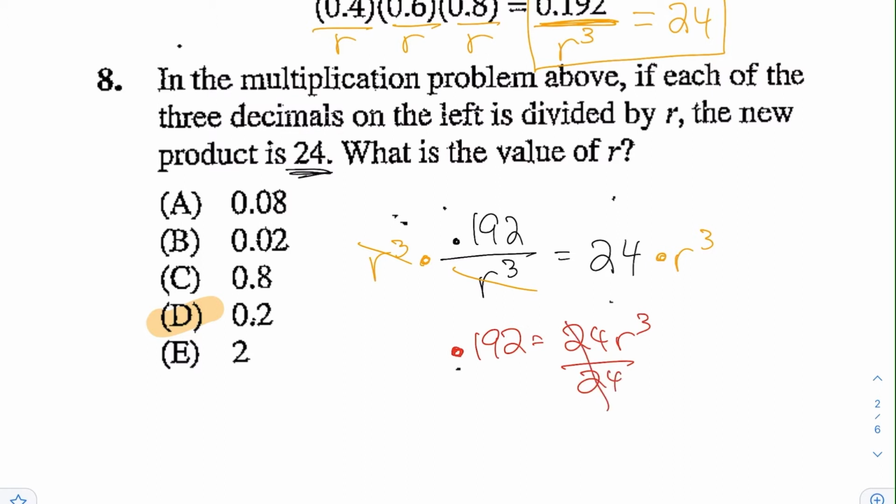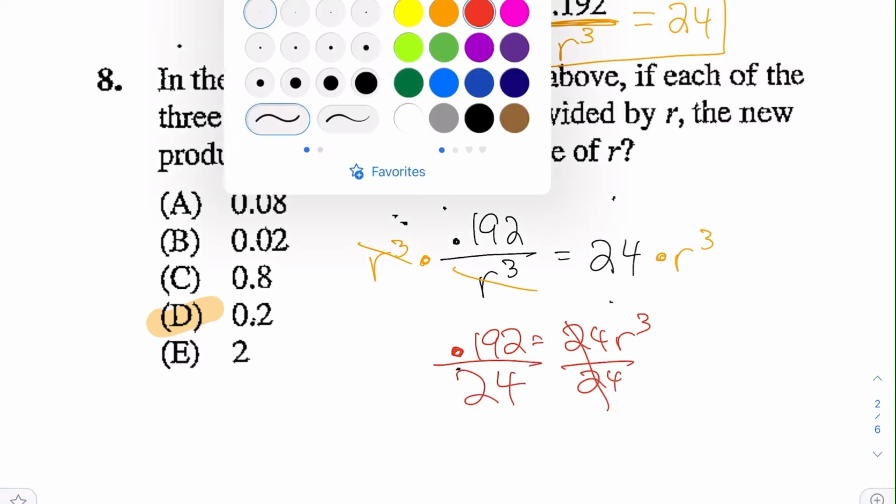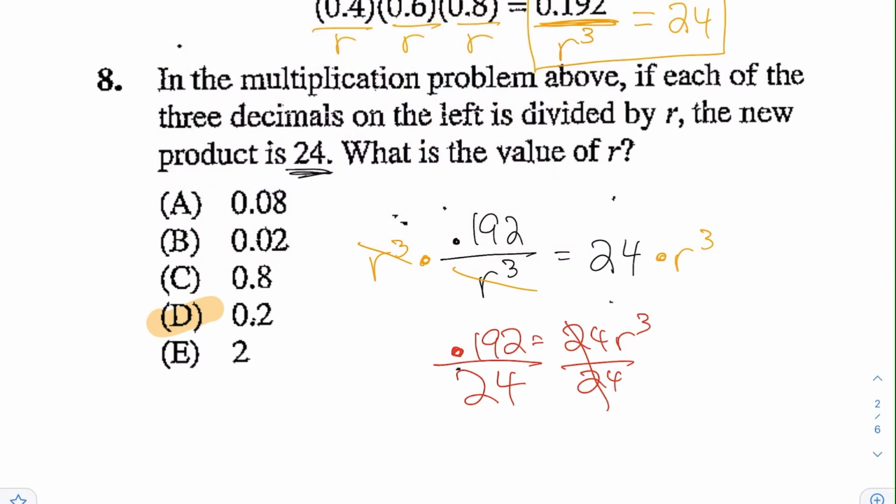And if you divide by 24, you can divide by 12 first. So 0.192 is equal to 12 times 16 with the 3 decimal points.